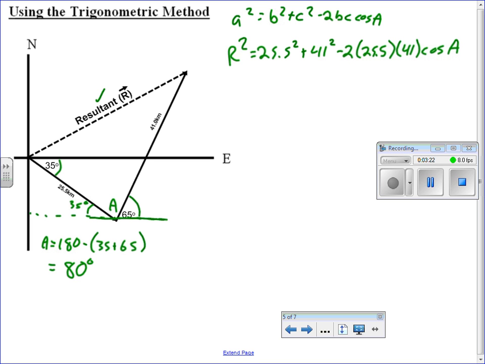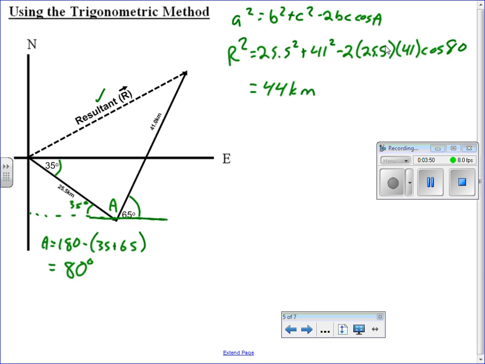This A up at the top right here can become 80 degrees. And when you plug that in and solve for r, not r squared, but r, you get 44 kilometers. So that's a lot quicker than using the component method to get the length of that. It's maybe less complex if you don't know the laws, but if you have a cheat sheet like you will on the unit tests, no problem.